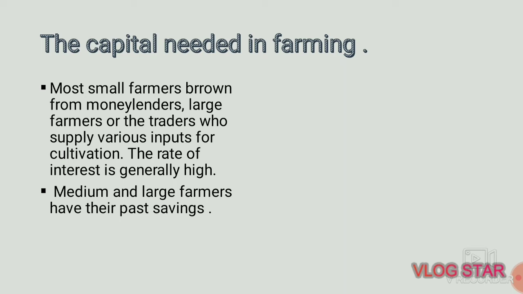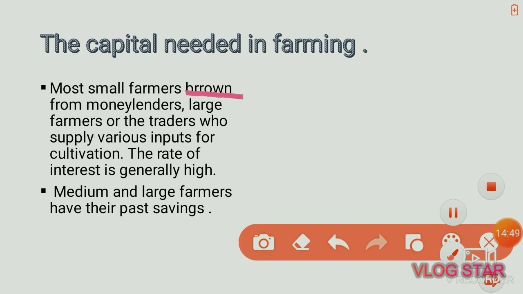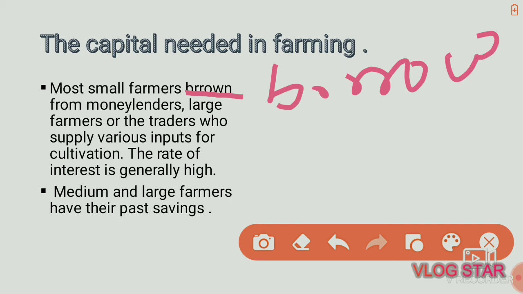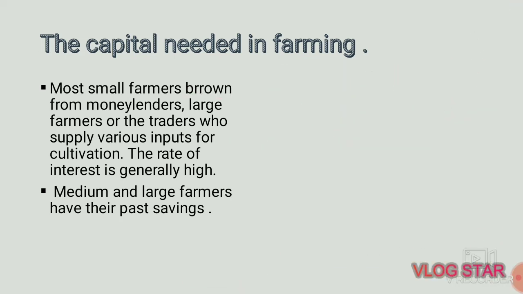So now you should be thinking how the small and medium farmers are acquiring the capital. Okay, so most small farmers borrow from money lenders who supply various inputs for cultivation.